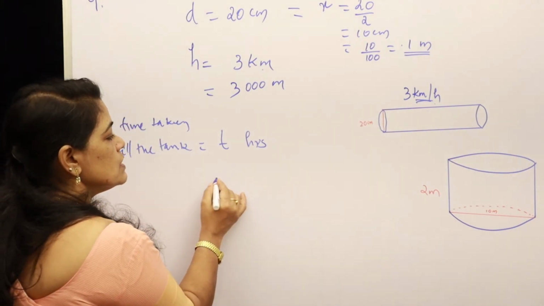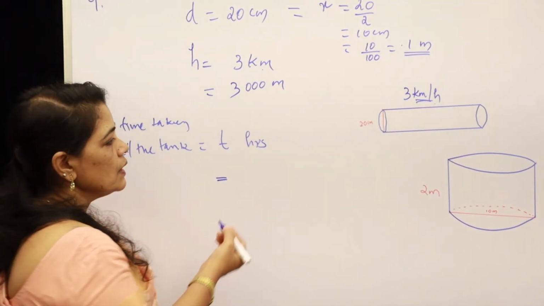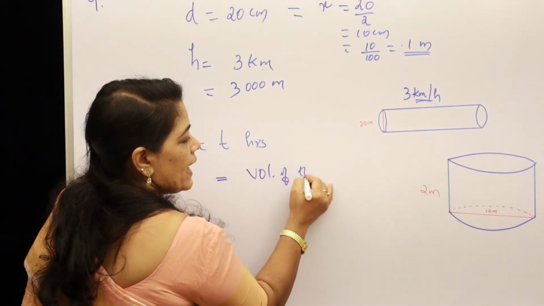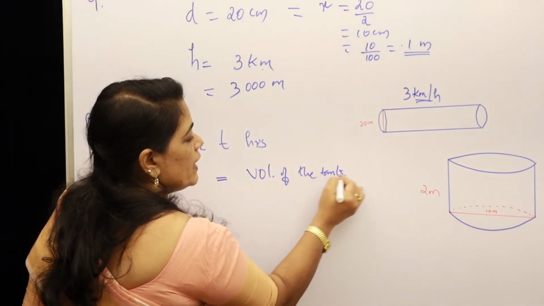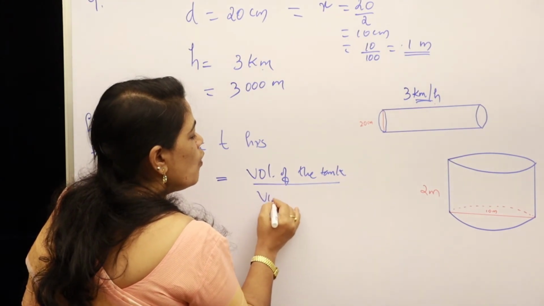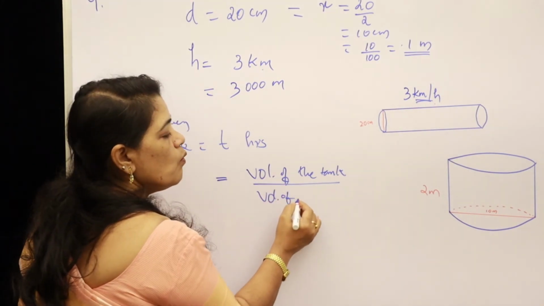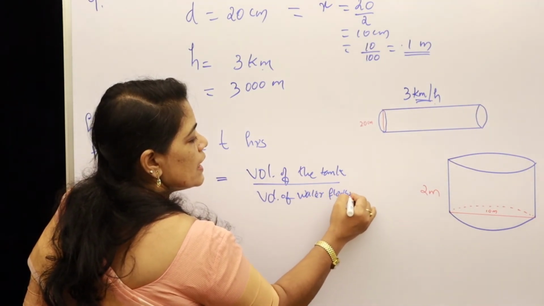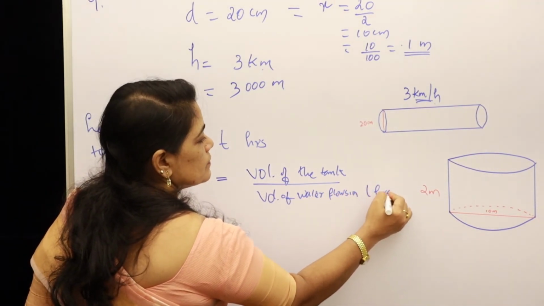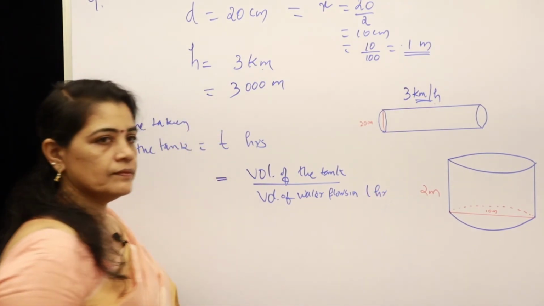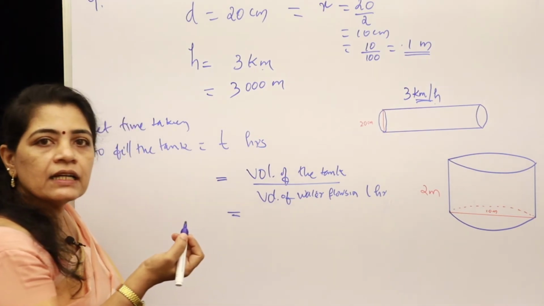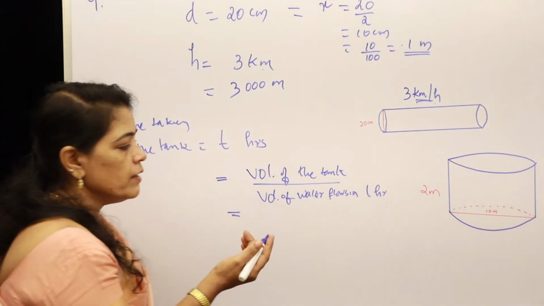So this is equal to the volume of the tank divided by the volume of water that flows in 1 hour. Both are in cylindrical shape, as I already mentioned.